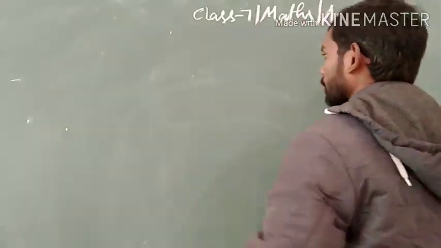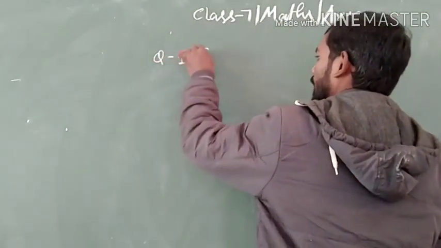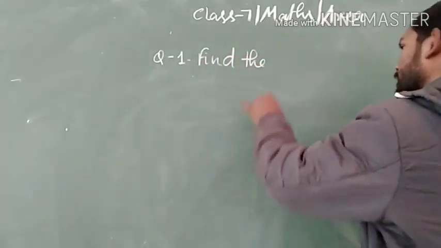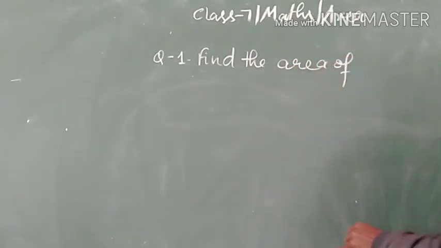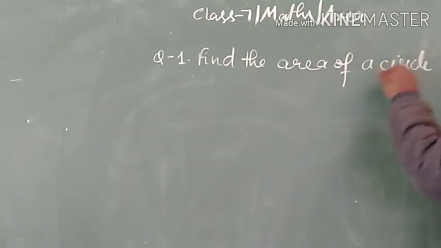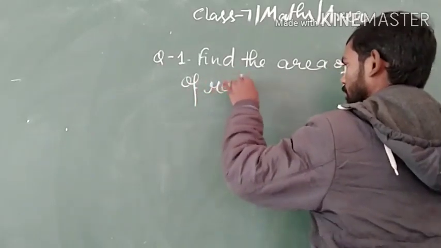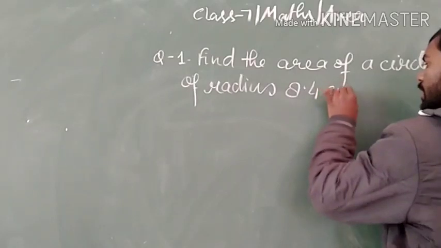So the first question is: find the area of a circle of radius 8.4 centimeter. Question number 1 is find the area of a circle of radius 8.4 centimeter.